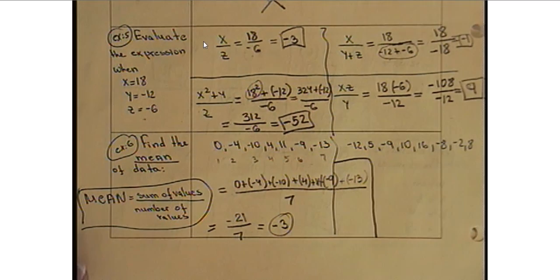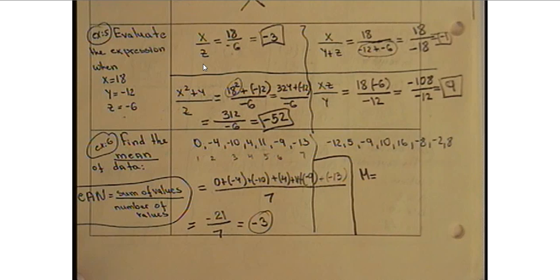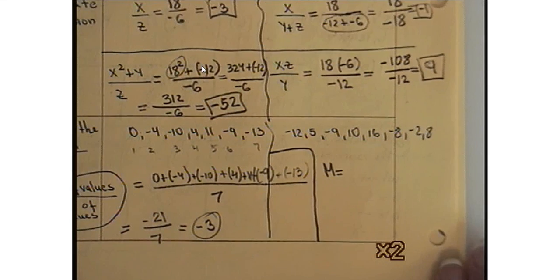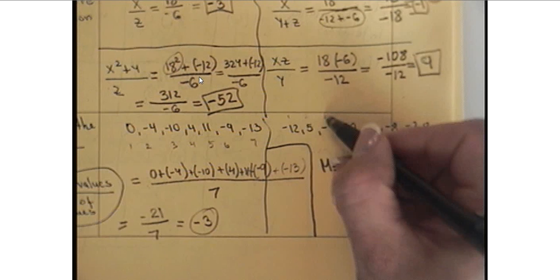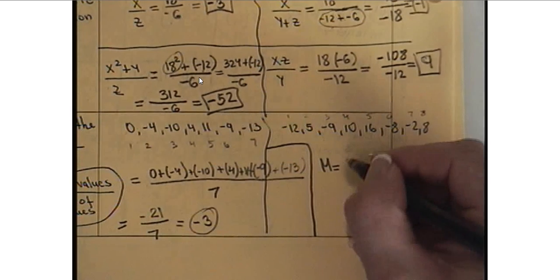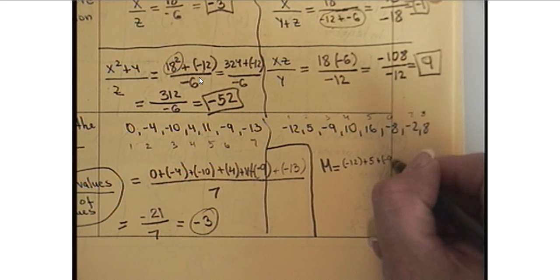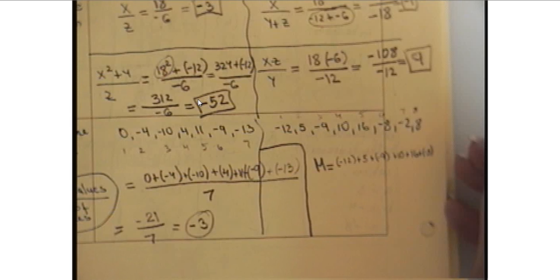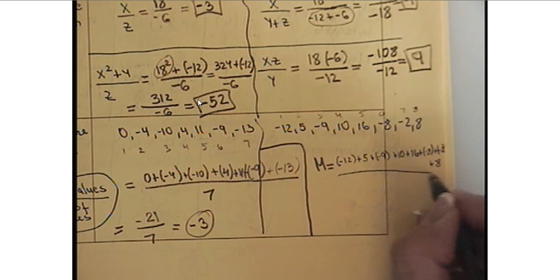And for the other one, the mean will be equal to, and we will do the same thing. We're going to add all those numbers, and we'll write a little bit tinier numbers. We'll zoom in, but the numbers will be a little bit tinier. So we have 1, 2, 3, 4, 5, 6, 7, 8 numbers total here. So let's add those. Negative 12 plus 5 plus negative 9 plus 10 plus 16 plus negative 8. I may not have space. Plus negative 2 plus 8. And this whole thing over 8.